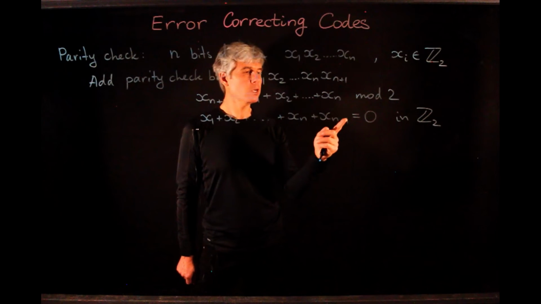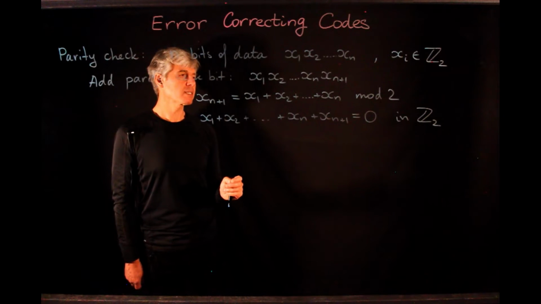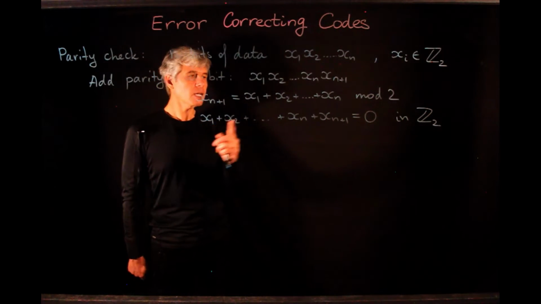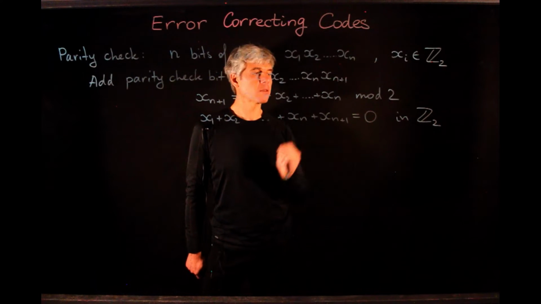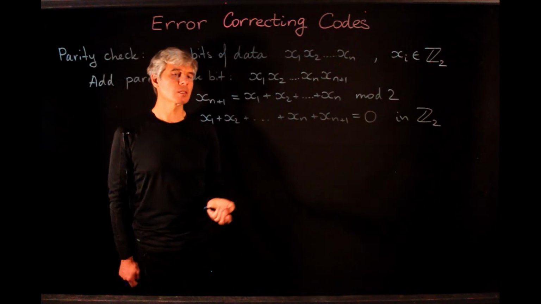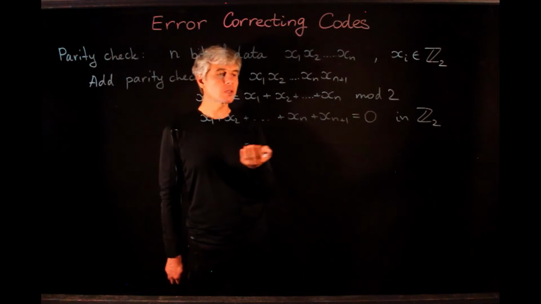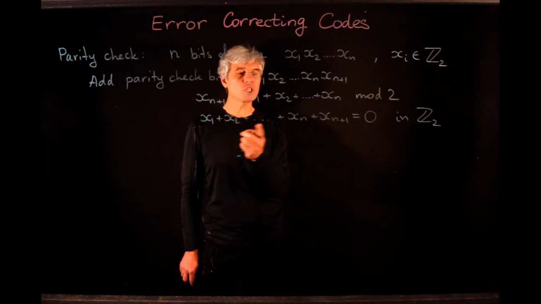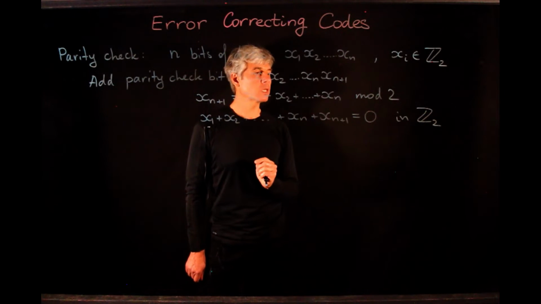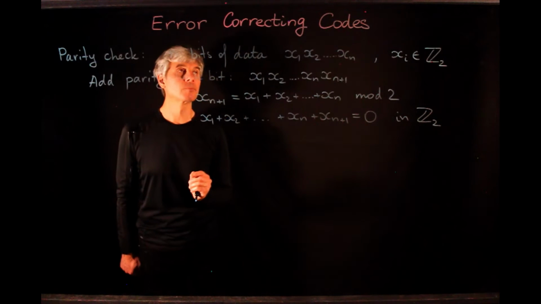If this equation holds, this string passes the test. If it doesn't hold, if we get 1 on the right-hand side, then this indicates a failure, and this means that there was an error in transmission. However, here we cannot say in which bit we have the error. We just know that an error has occurred.